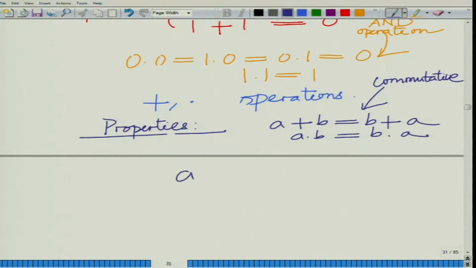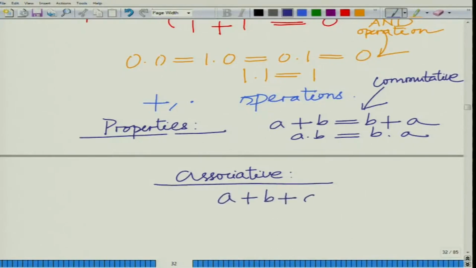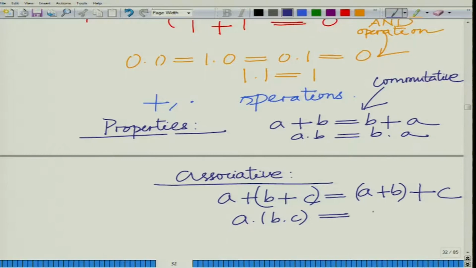Then both the operations are associative, that is, a plus b plus c equals a plus b plus c, and a dot b dot c equals a dot b dot c.